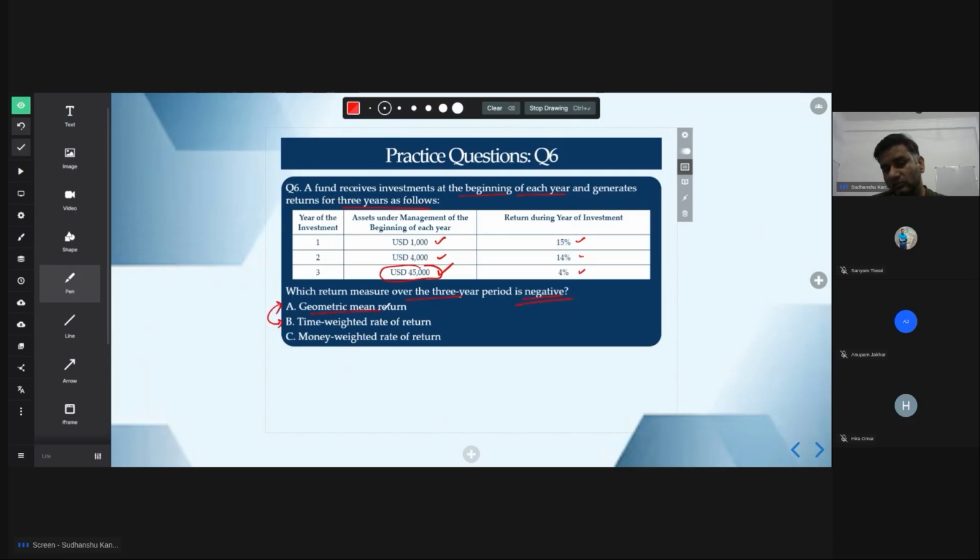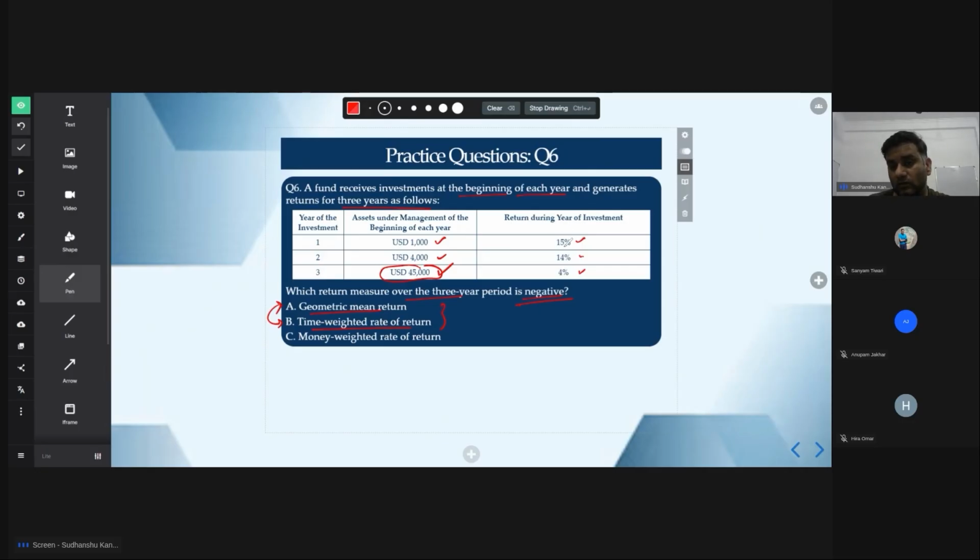This is geometric, this is time weighted, and time weighted is also geometric. Only difference is time weighted is geometric of subperiod. So if I calculate one, I will get an idea of the other also. That is the best way to solve it, that you focus on this one first.